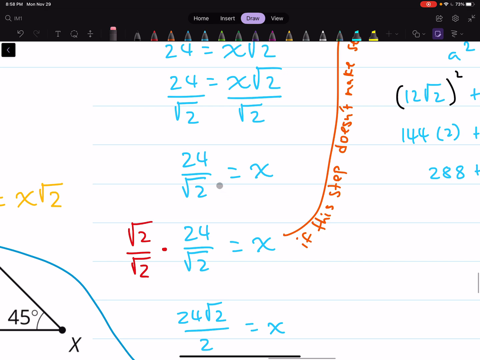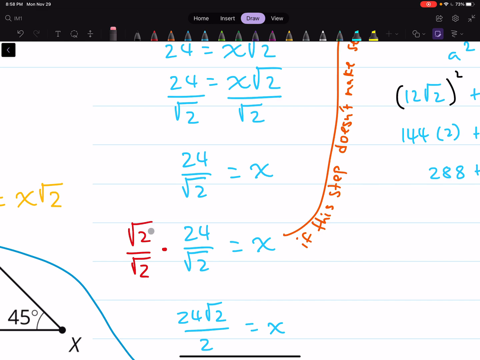Now, one of the rules that you will learn in math is that we do not want to have a radical in the denominator of the fraction. So there's something called rationalizing that we do. We multiply by square root of 2 over square root of 2, which is just equal to 1, because anything divided by the same thing, 4 divided by 4 or 5 divided by 5, is just 1.